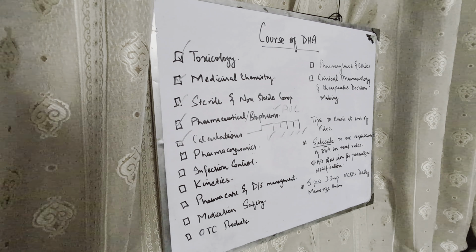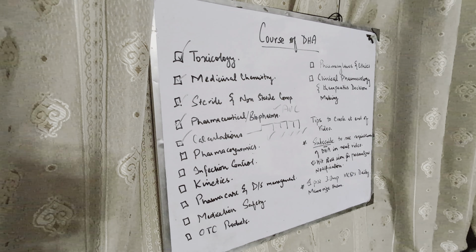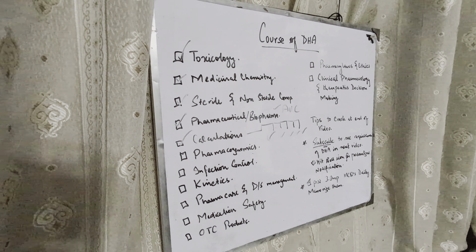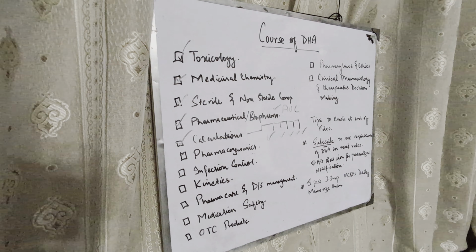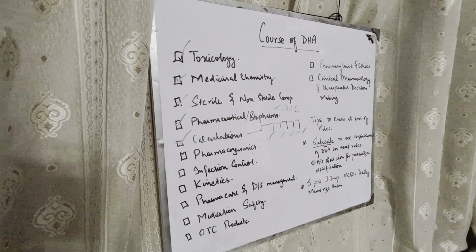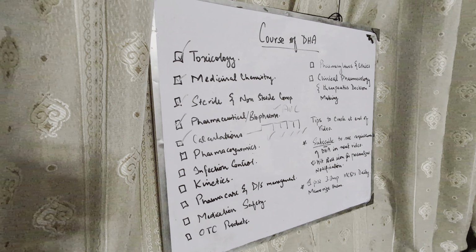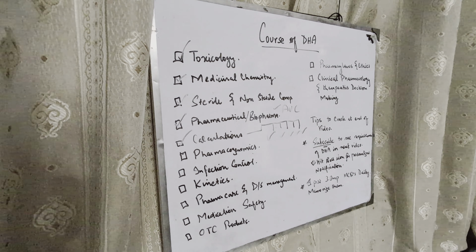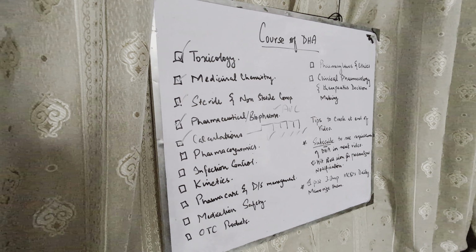At least five formulas should be revised on a daily basis, and practiced on a daily basis using various platforms. Calculations are very volatile, and if you can't remember the formula at the right time, things will literally go out of your hand, and it will lead to further confusion. So you have to practice a lot.